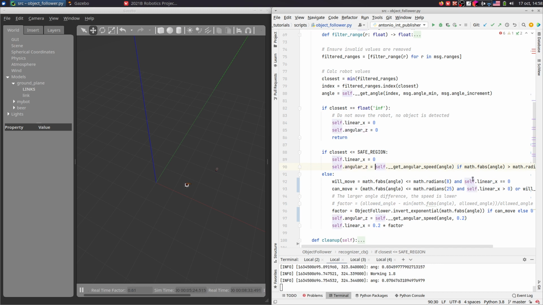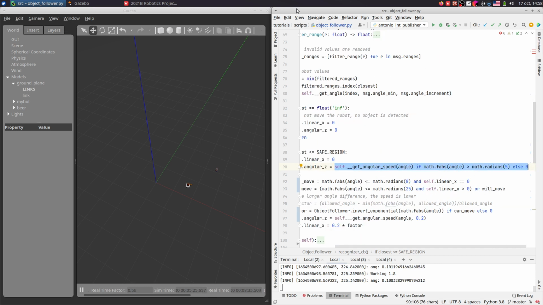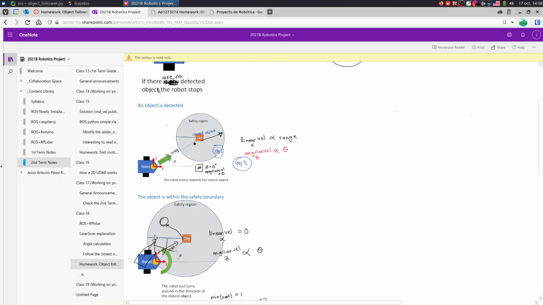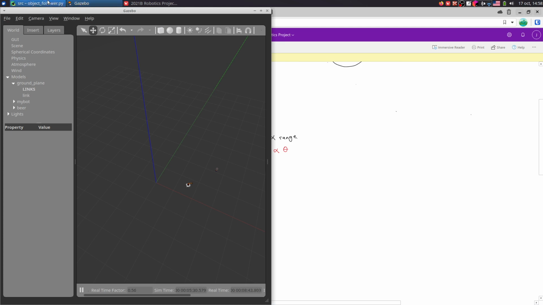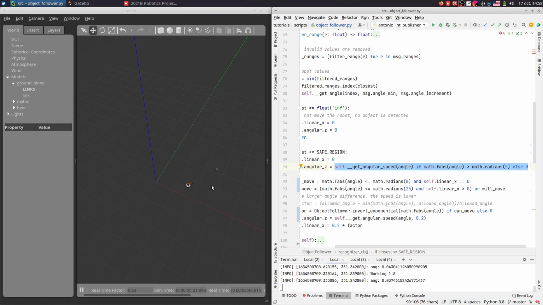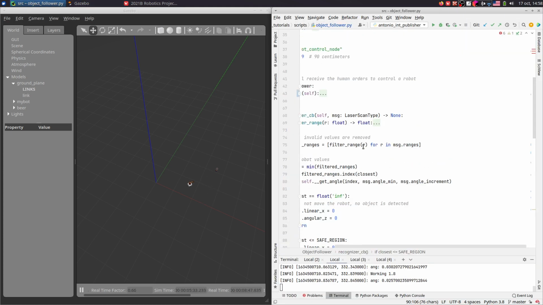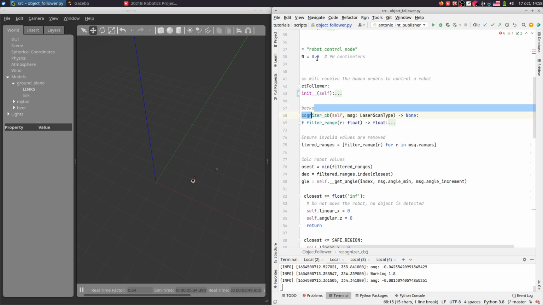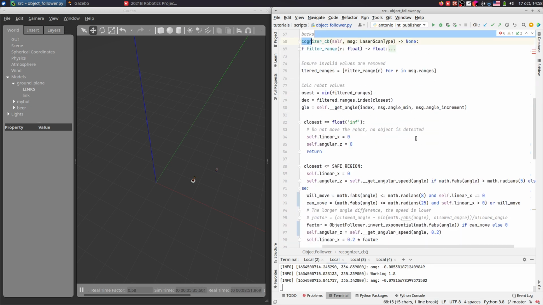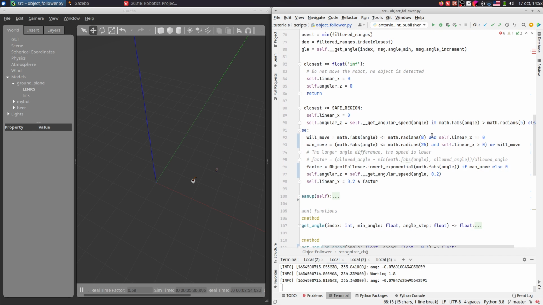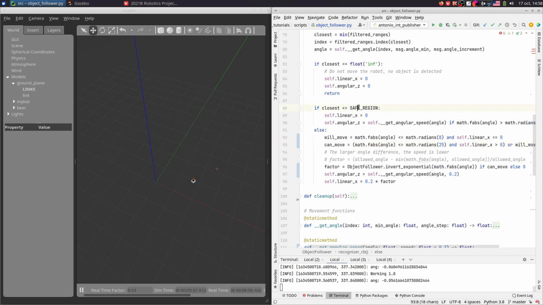The only thing that could happen is that a new object that is closer appears. That's the only possible action that can be executed by our robot. For the moment the safety area is only 90 centimeters, and that's all about our safe region.